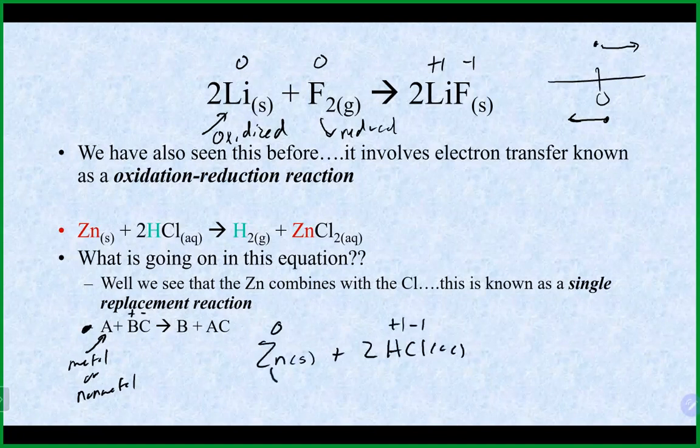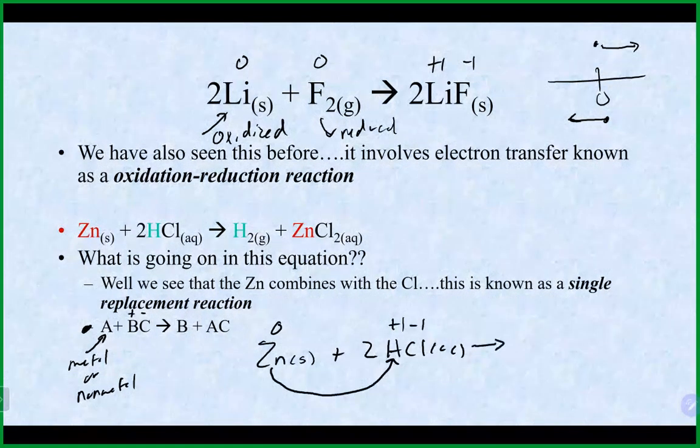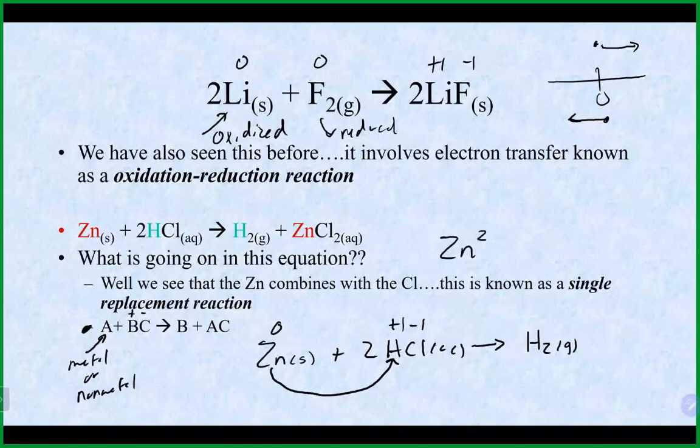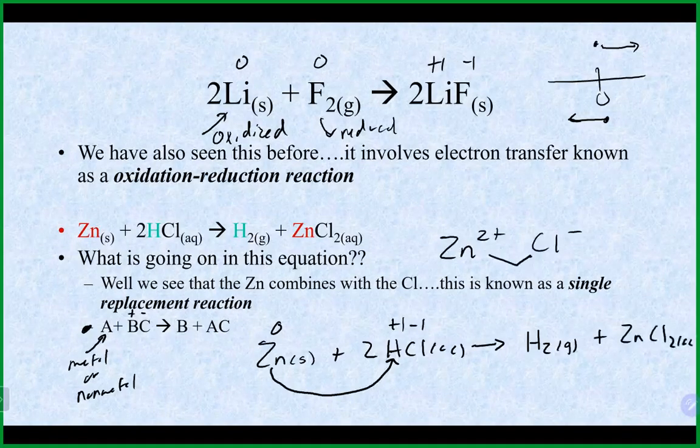Zinc, when it does have a charge, is normally positive, so it will kick out the positive guy in this case. And the result of that is when hydrogen comes out by itself, it comes out as hydrogen gas, like those bubbles you saw when you did it with magnesium the other day. The result of that is zinc will now gain its normal charge of +2, and chloride is still -1. So those two guys will then come together to make zinc chloride, which is aqueous.